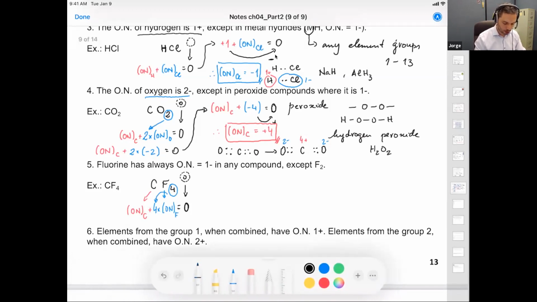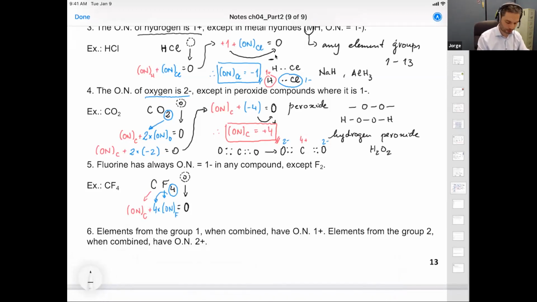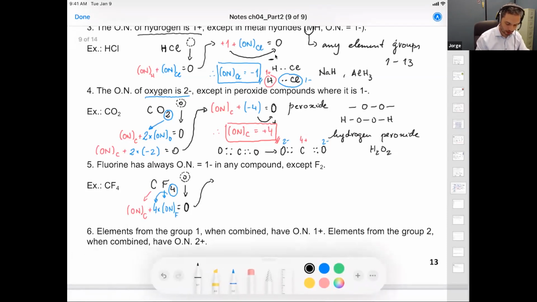What we know and what we don't know here. We have no idea about the oxidation number of the carbon. So let's rewrite here. We know that fluorine, when combined with a different element, has always oxidation number equal to 1 minus. So let's replace that.